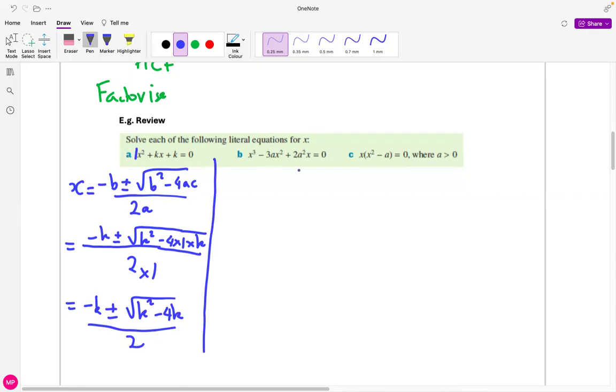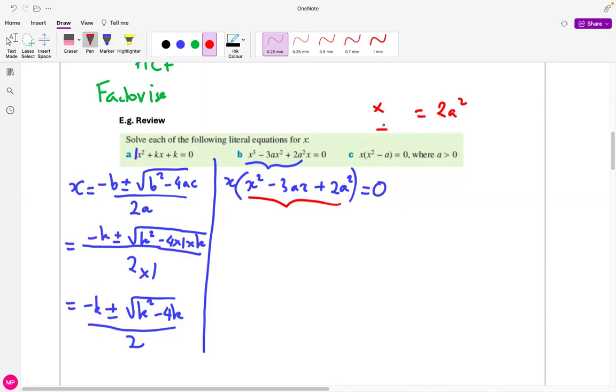Now, for B, you can see here is a cubic one. I didn't have any constant here, did I? So I can take out the highest common factor, which is x. Inside I have x squared minus 3ax plus 2a squared equals 0. Then I can apply the null factor law, or continue to factorize this further. Something times something gives me 2a squared, and something plus something gives me negative 3a.